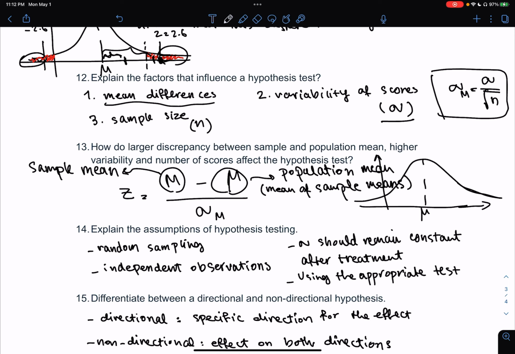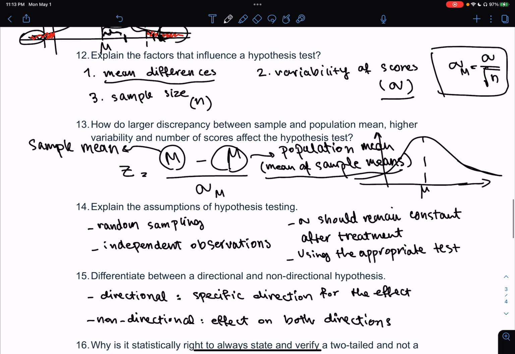So the mean of sample means is basically, we find all the sample means. So for all of the samples, all possible samples, we find the mean for each of them, and then we find the mean of those means, which should be equal to the population mean as well.